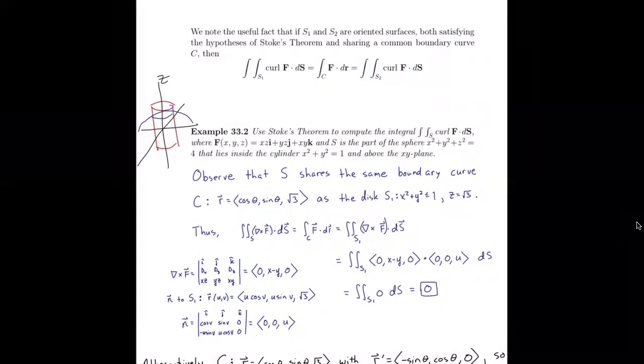Okay, and we're looking to compute the surface integral of the vector field on this surface S right here. And that of course is given by Stokes' theorem, curl of F dot dS. So we could begin to set that up.